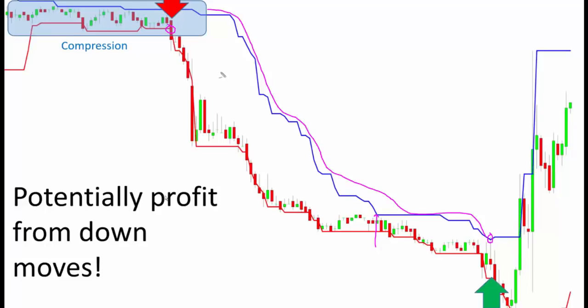So this is a shorting example for those of you not familiar with shorting a market and profiting. I recommend you look at learning how to do that, because as a trader, a lot of the times the profitable price moves, as they have been really throughout the month of October, they've been to the downside.